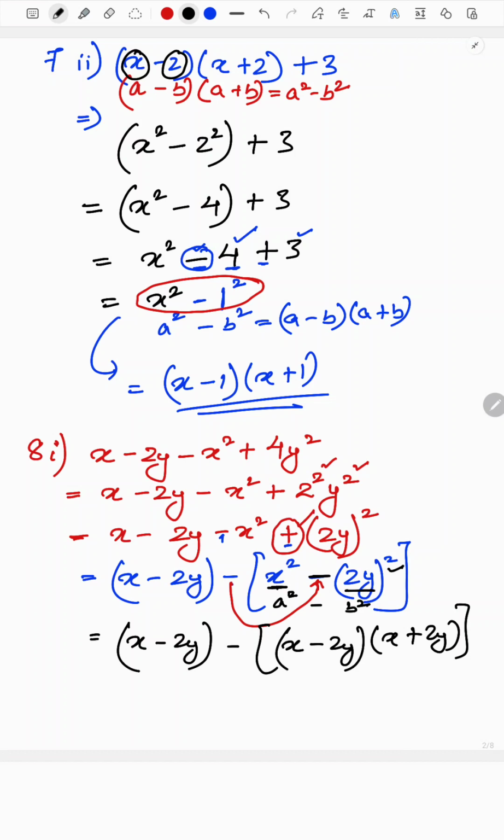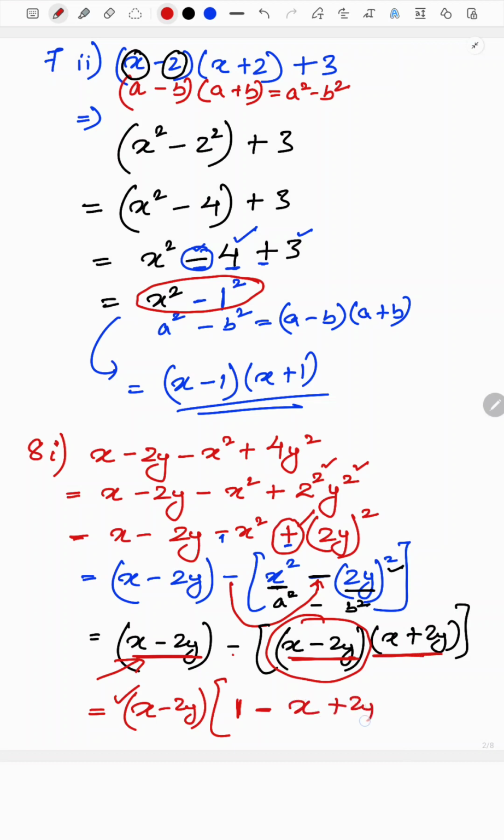All right, so this is how I will simplify this. Now you see that x minus 2y here and x minus 2y here, so I can take that as common, so I'll get x minus 2y as common, and within bracket 1, and this minus will come here. This has been taken out as a common here, so this is what I'm left with here.